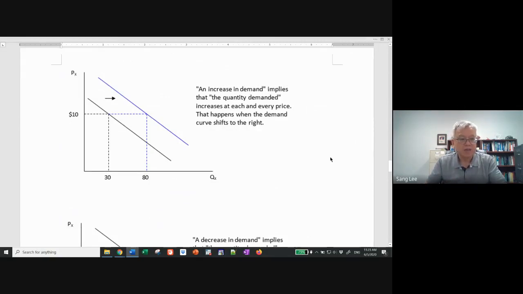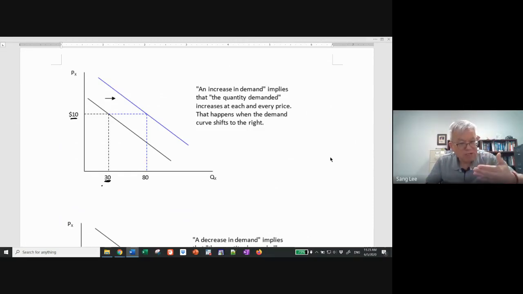Suppose currently the good X is sold at the unit price of $10, and at this unit price 30 units were purchased.